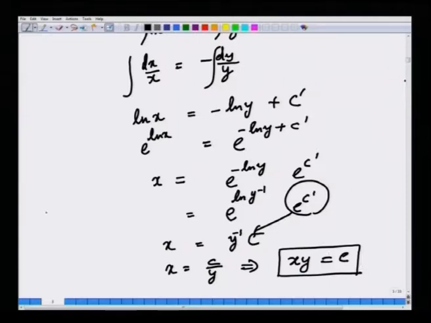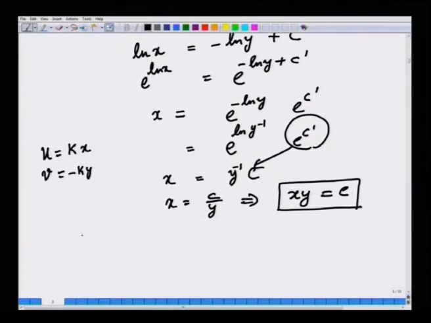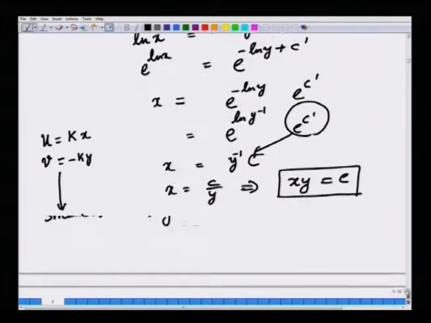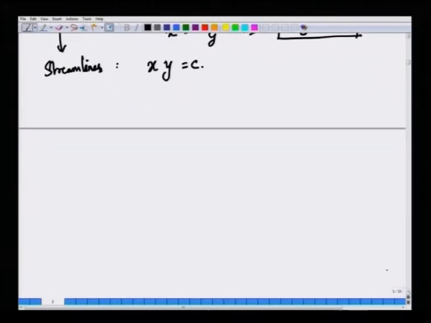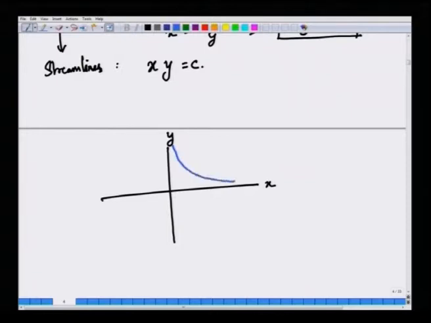So, if I have this velocity profile, u is kx and v is minus ky, then the equation describing the streamlines is given by xy is a constant. If you understand what this means, if I plot in x y coordinates, I will get a hyperbolic kind of behavior.